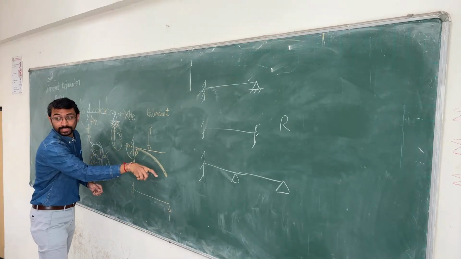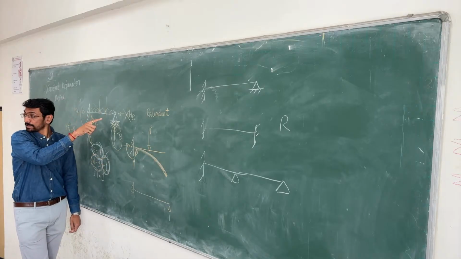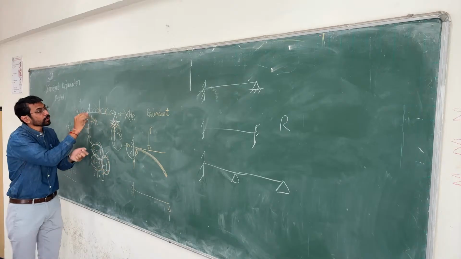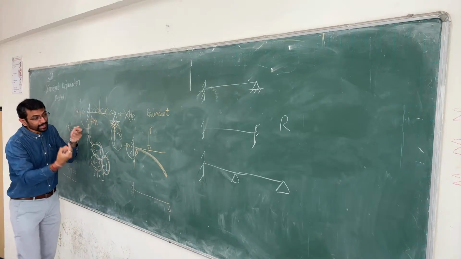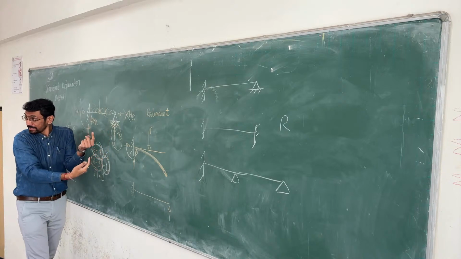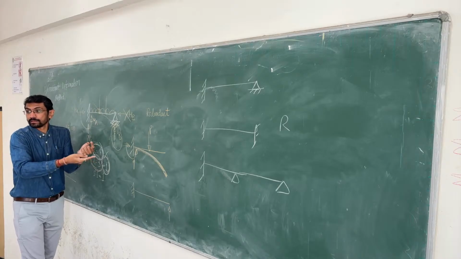So however much it had bent, you have to bring it back to its place, only then VB will come. It means that by removing the VB you got the deflected shape. Now again pushing VB, again you are giving VB as a reaction.